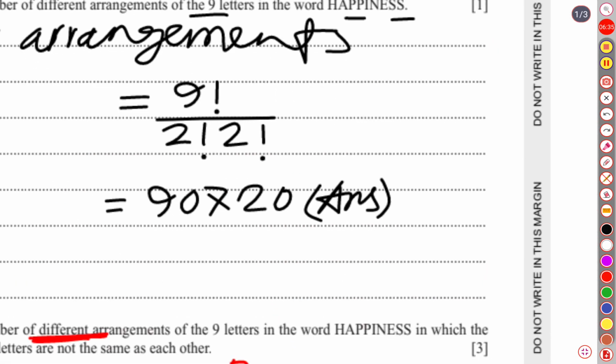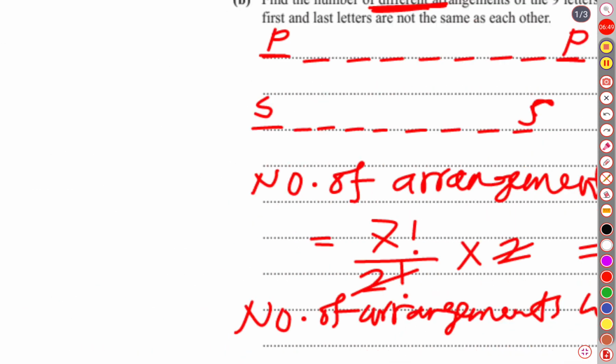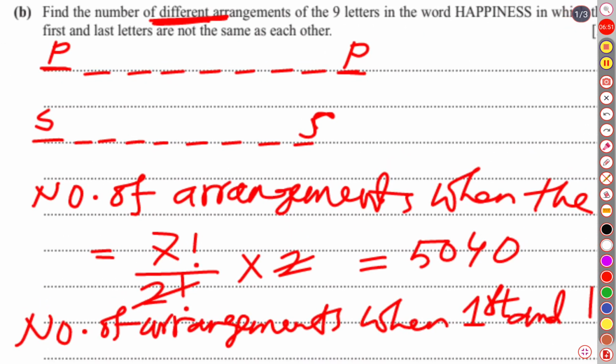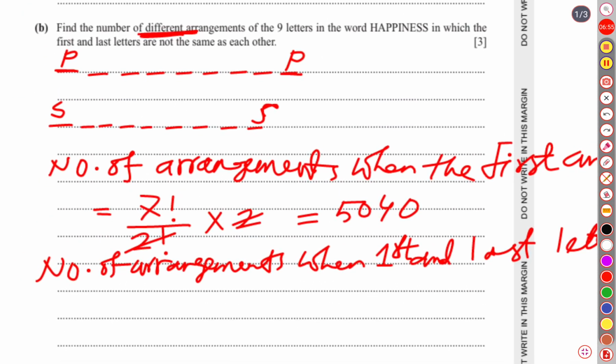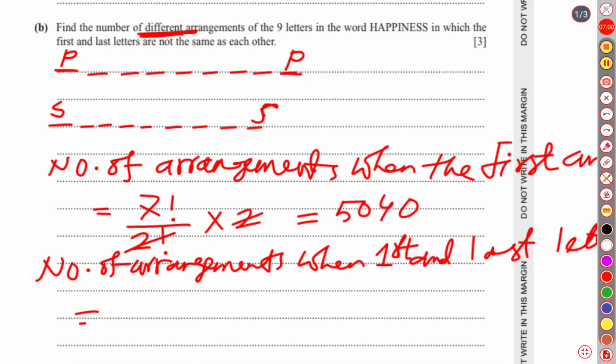What was the total number of arrangements from the previous solution? We can pick up that the total number of arrangements without any restriction was 90,720. So from 90,720, we just subtract the arrangements when the first and last letters were the same, 5,040.